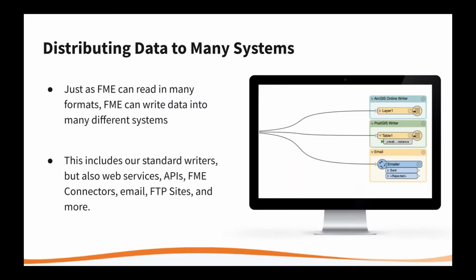So for this, I just want to mention that because FME supports so many different types of formats, you can read data from over 400 or 500 different data formats at this stage and also write out to that many different systems. You always have the option to take your data and write it out to any other systems that you'd like.